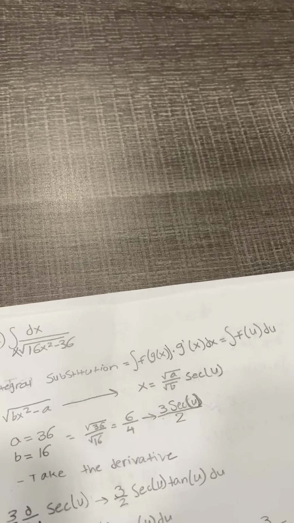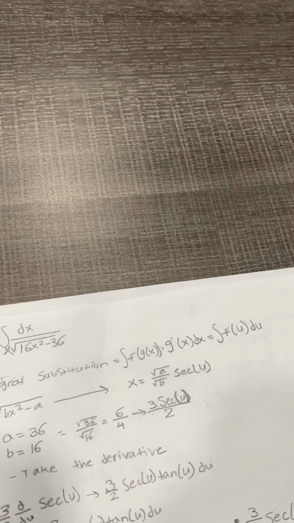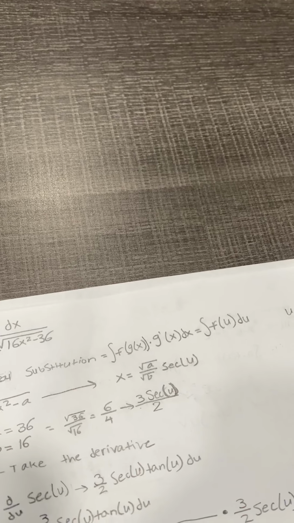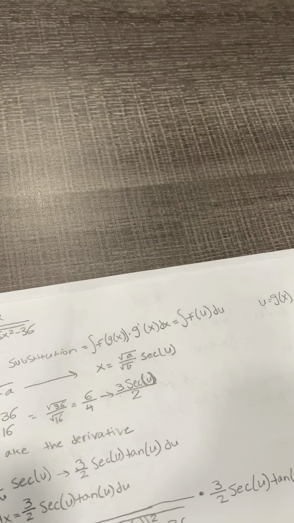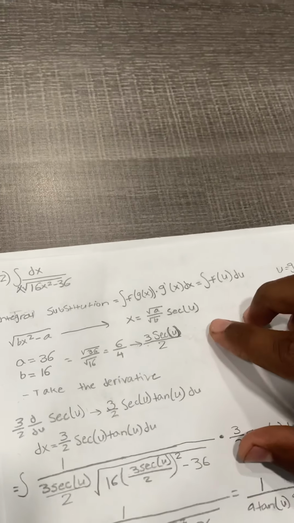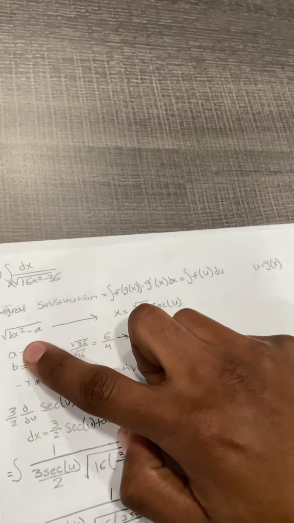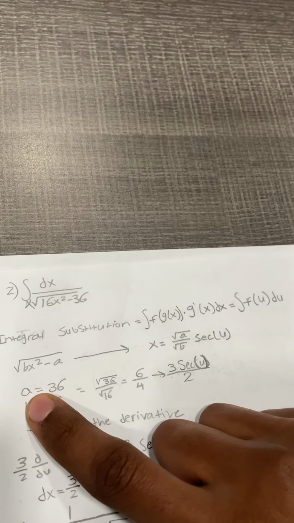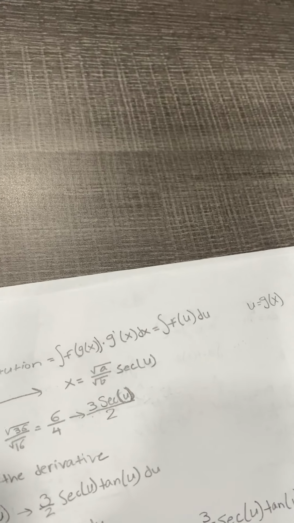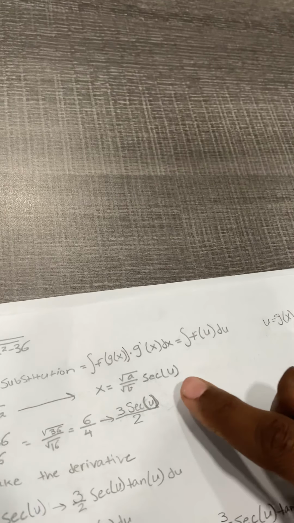Integral substitution's formula is the integral of f of g of x times g prime of x dx equals the integral of f of u du, where u equals g of x. So in order to do that, we have to do the square root of b x squared minus a, where x equals square root of a over square root of b secant u.